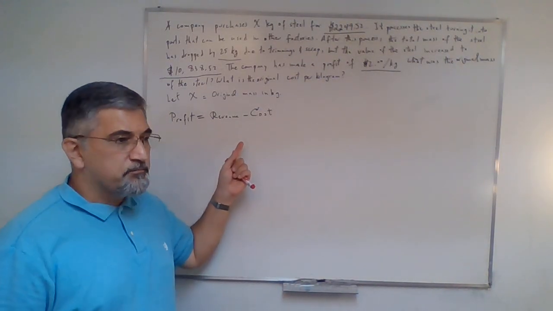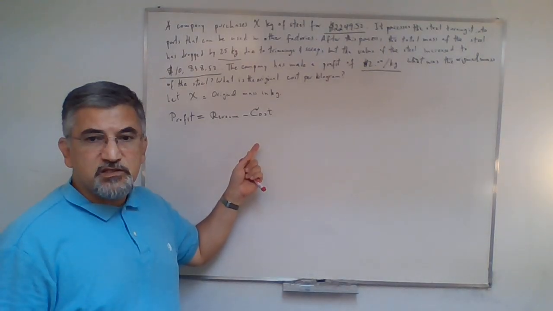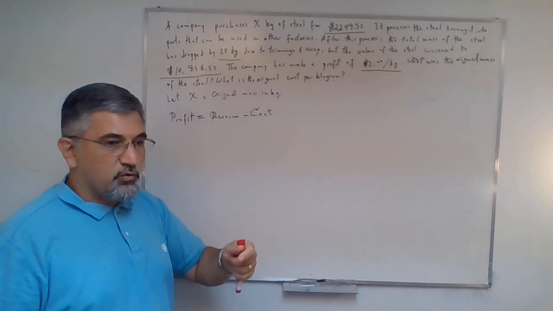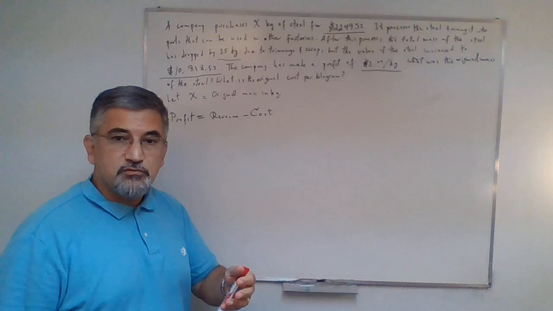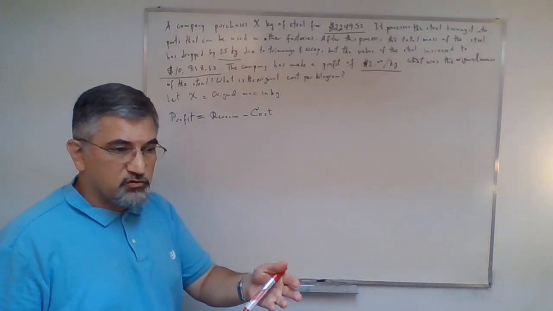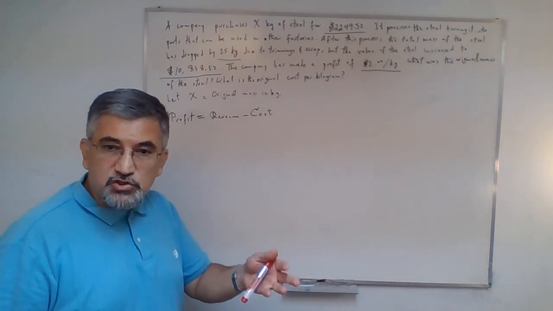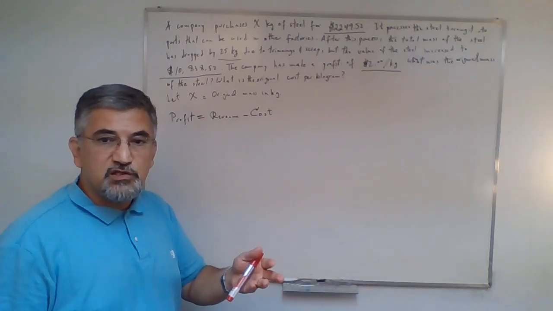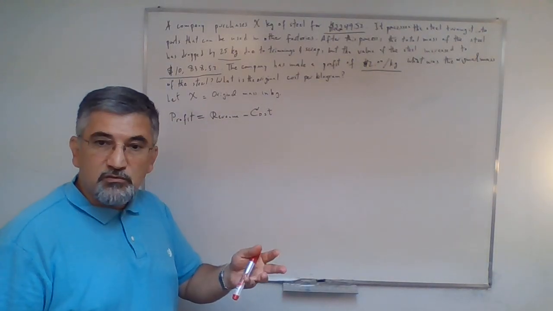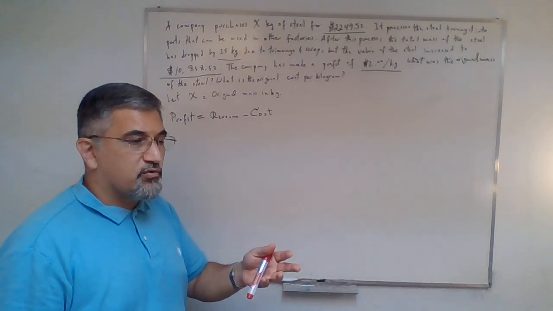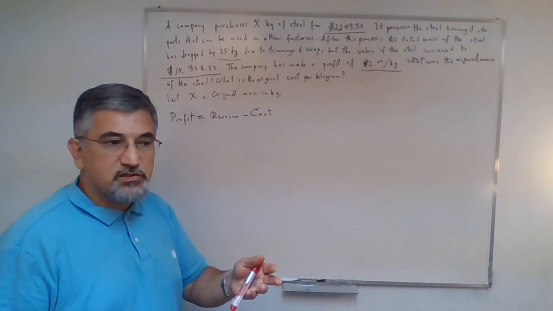But every business has some costs involved. If you're running a store, probably you're paying for the rent of the store, or the insurance, heat, utilities, probably Wi-Fi. Probably you have employees whose salaries you have to pay.